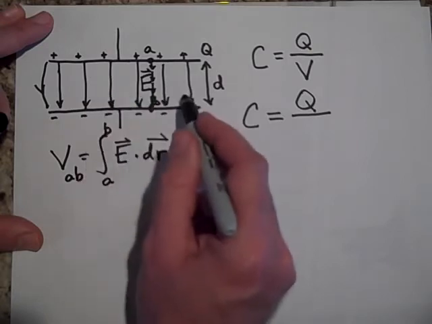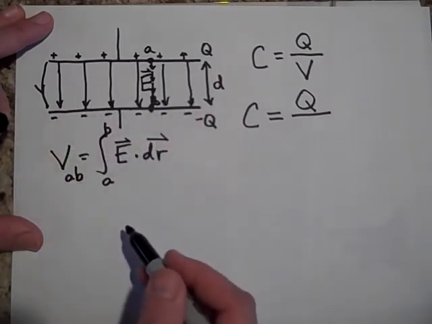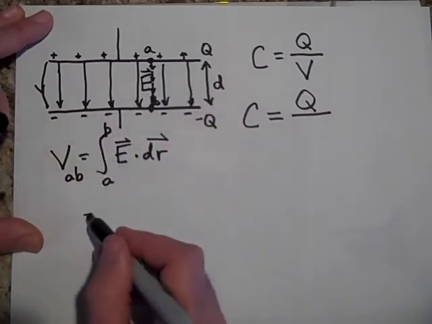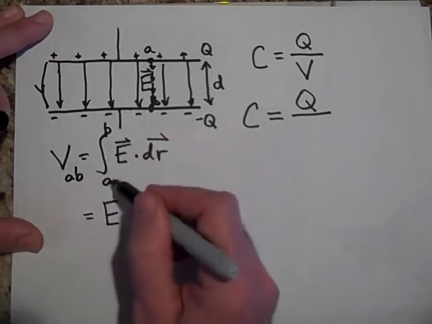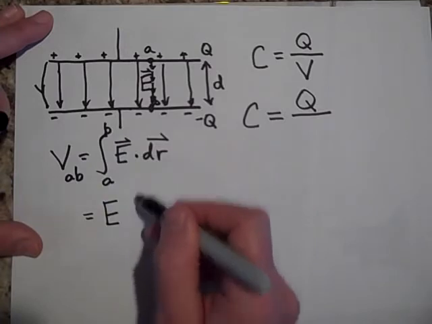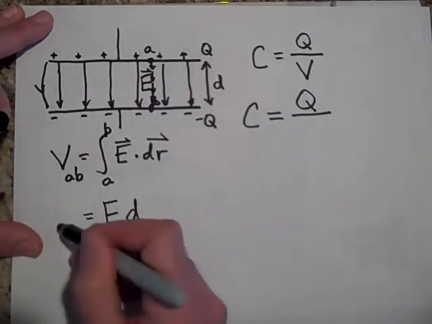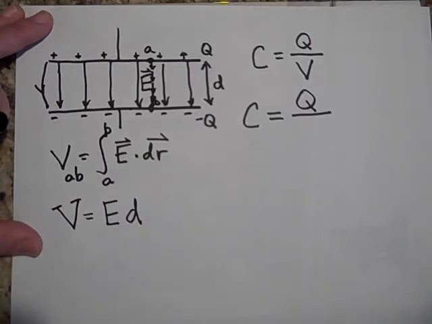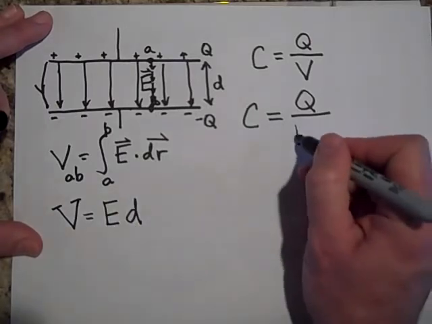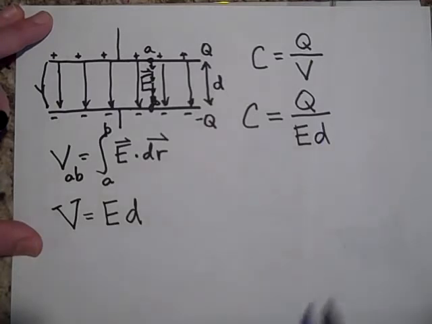See how the lines aren't getting closer or further apart from each other? So pull that out, and you're going to have just E, and the integral is telling you to sum up all the drs, so that's going to be d. So remember, the voltage across parallel plates is Ed. So the voltage is Ed.